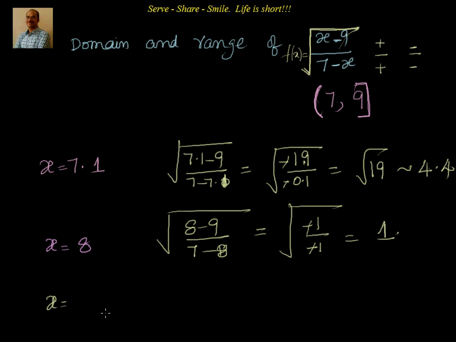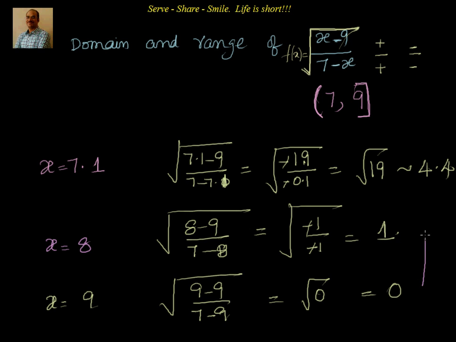If I take a value which is near to 9, or just take 9 only, I will have square root of 9 minus 9 divided by 7 minus 9, but that's equal to square root of 0, which is 0. So we can see that if I take 7.1, the value is 4.4, and the values are starting from 0 and they are moving towards infinity. So the range will be nothing but equal to 0 to infinity.